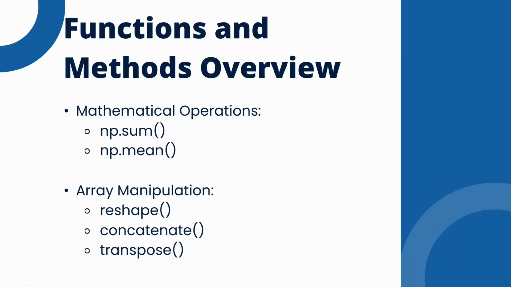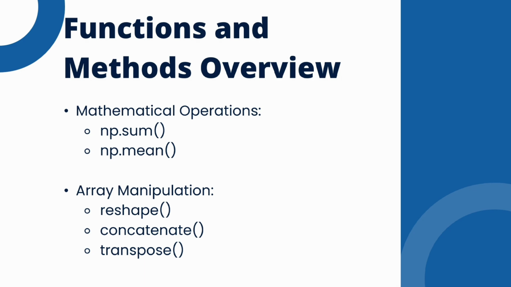Functions and methods overview. NumPy offers a wide range of built-in functions that make operations easy and fast. Here are some commonly used ones. np.sum computes the sum of elements. np.mean calculates the mean or the average.